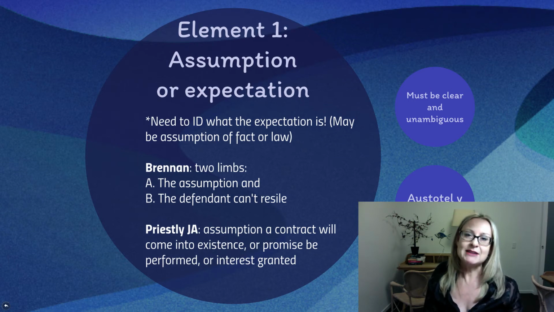You need to take the time first up to identify what the expectation is that the plaintiff has adopted. Okay? It might be an assumption of fact, might be an assumption of law. Sometimes assumptions of fact and law are pretty difficult to disentangle.